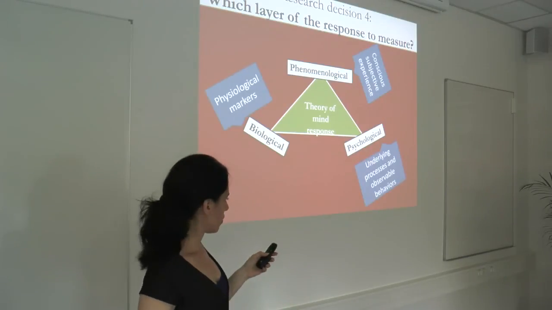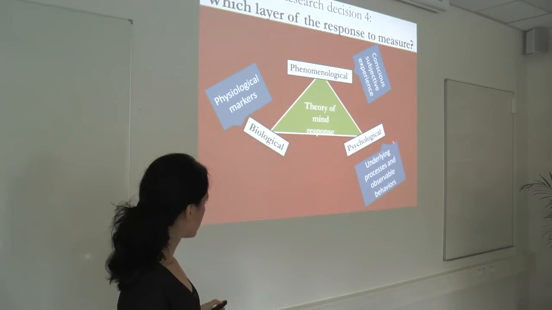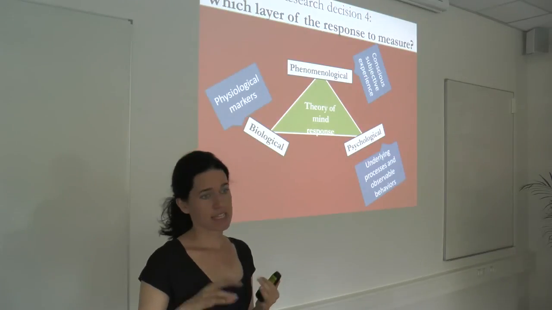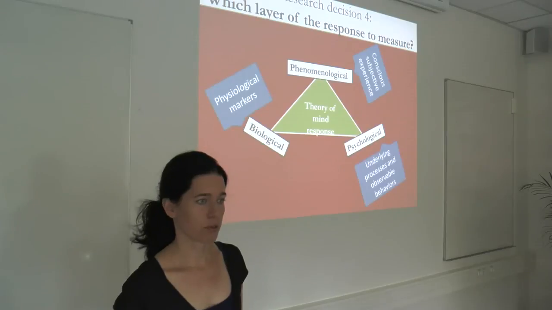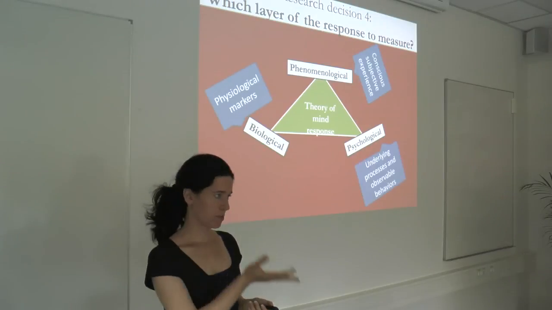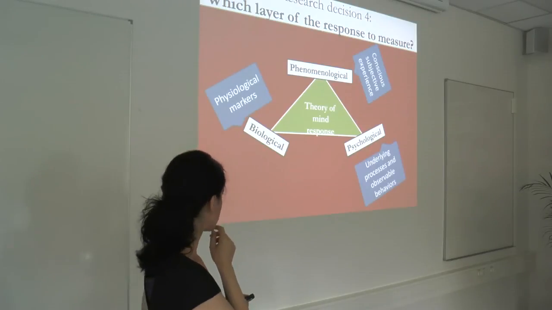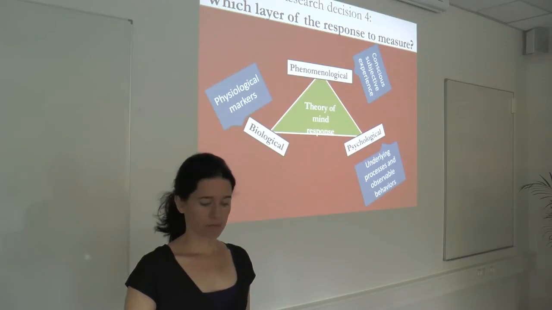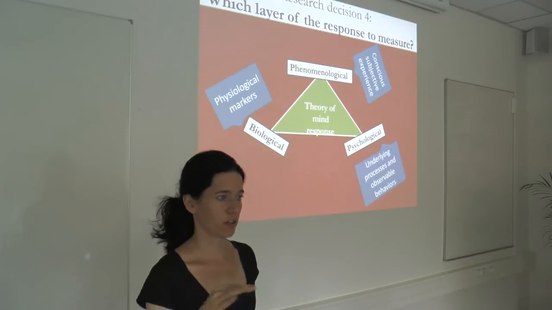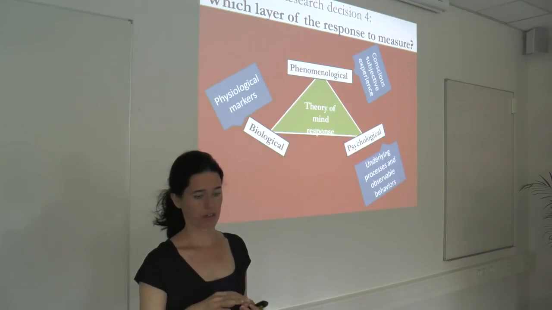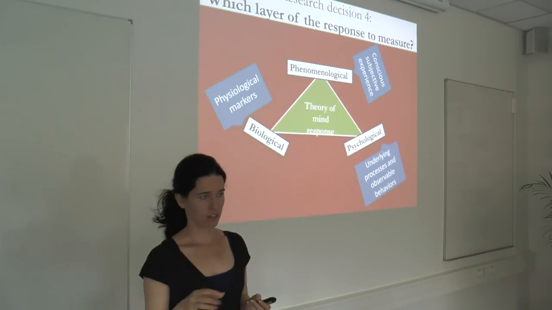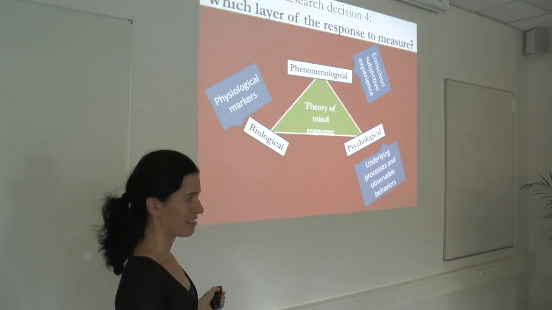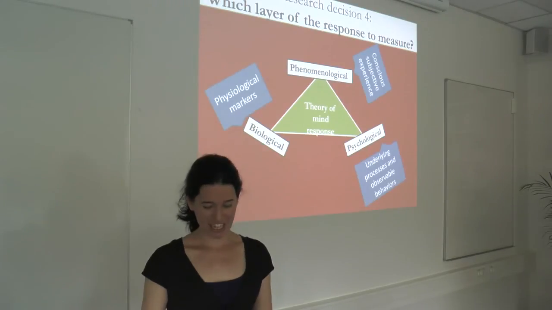The psychological layer reflects on the underlying psychological, cognitive, emotional processes that are observable for the researcher. And the biological layer is when you measure the physiological markers of certain psychological processes, and I think Matt will talk about this part, so I will not.